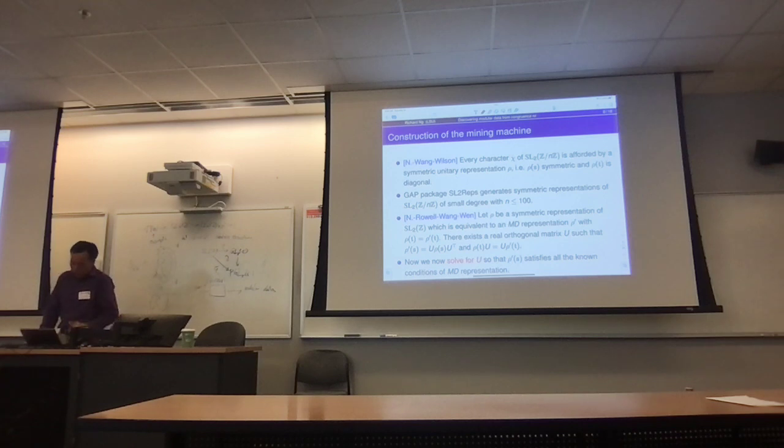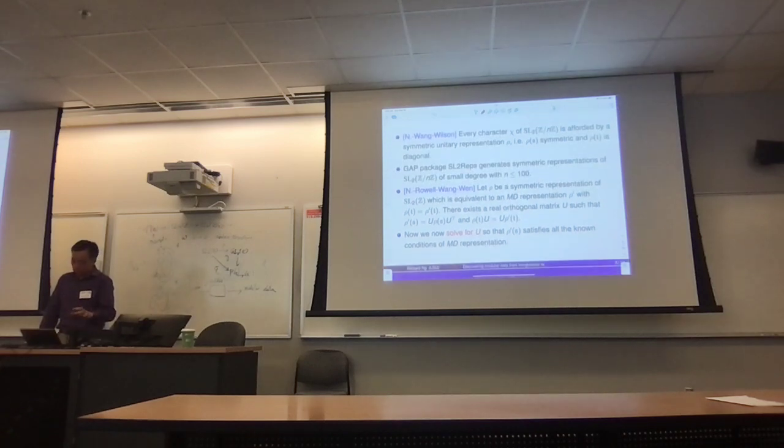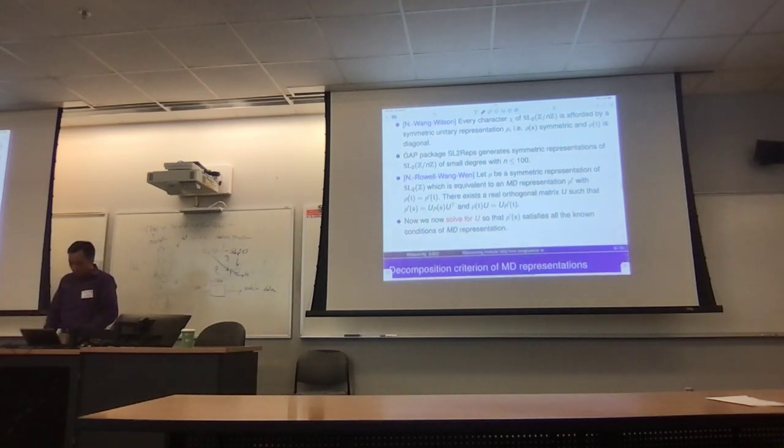All right. So this is basically the initial treatment of the input, the first one that we need. If you start with a symmetric representation of SL2 Z, which is equivalent to a modular data representation of SL2 Z, the one actually coming from a modular tensor category, a fusion category, then you will find a real orthogonal matrix U which conjugates the raw one to a genuine one.